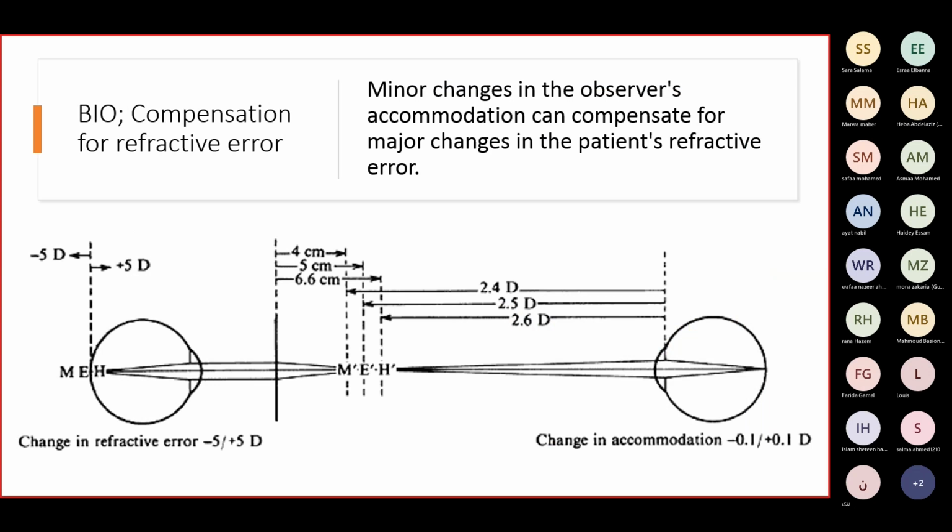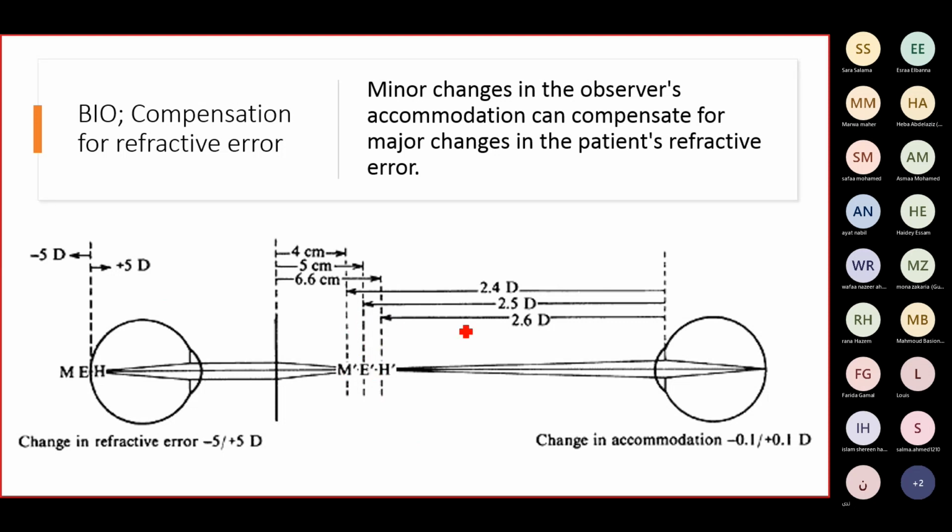Okay. So here, this diagram shows that if the patient has a high refractive error, let's say -5 or +5 refractive error, the change in the location of the aerial image will be very small.